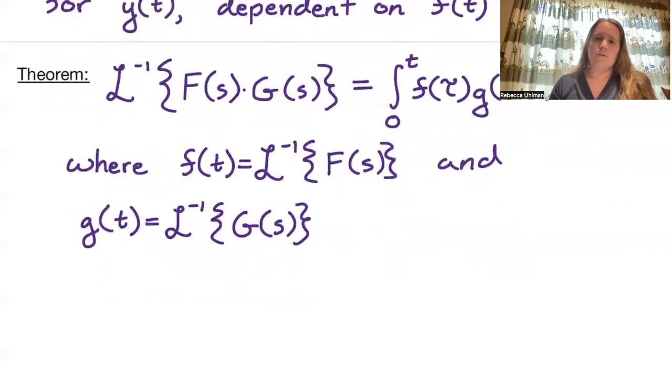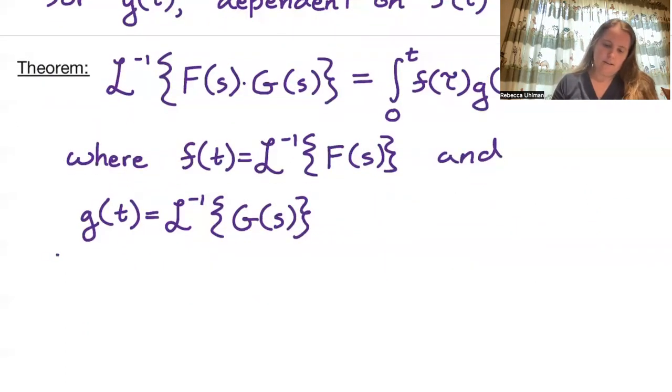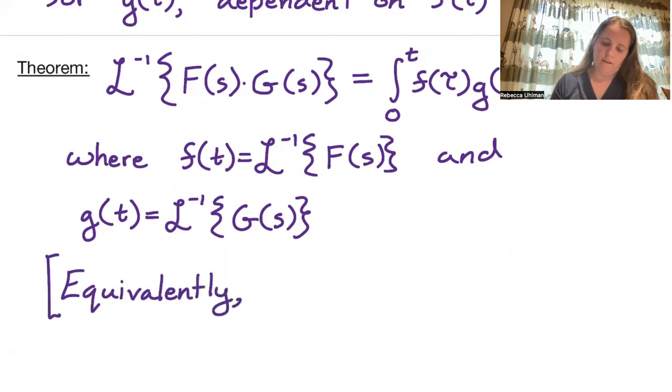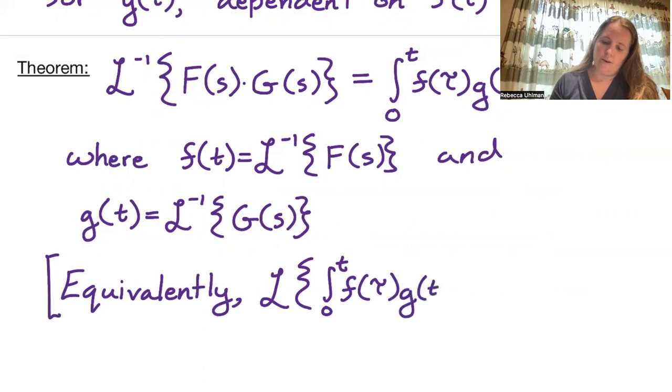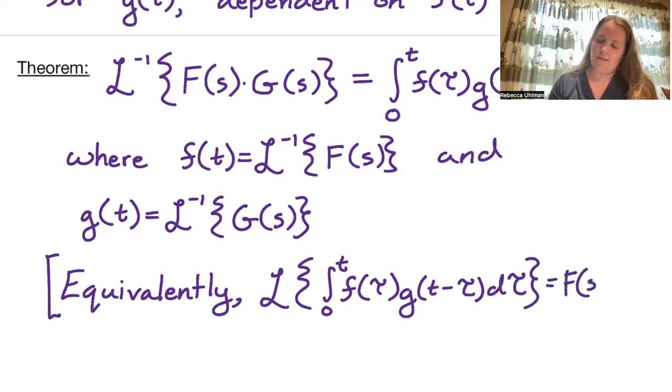So note, this is equivalent to saying that the Laplace transform of the definite integral from 0 to t of f of tau times g of t minus tau d tau is equal to F of s times G of s.